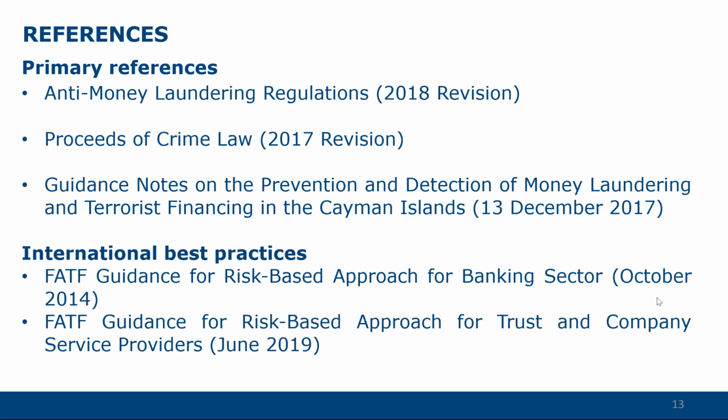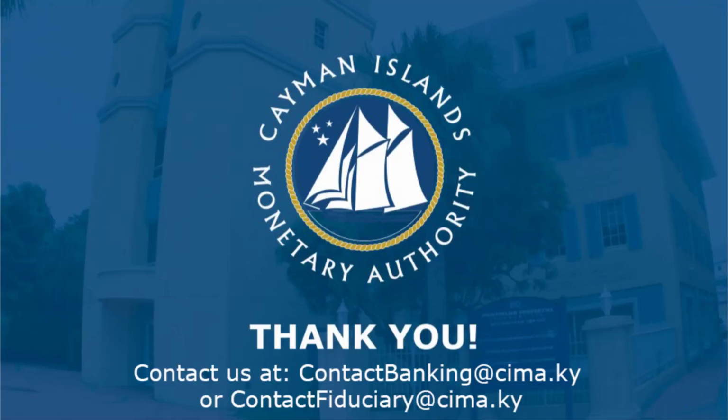The AML guidance notes also include sector-specific guidance for banks and TCSPs, which provide further details. International best practices are the FATF guidance for risk-based approach for the banking sector and the FATF guidance for risk-based approach for TCSPs.